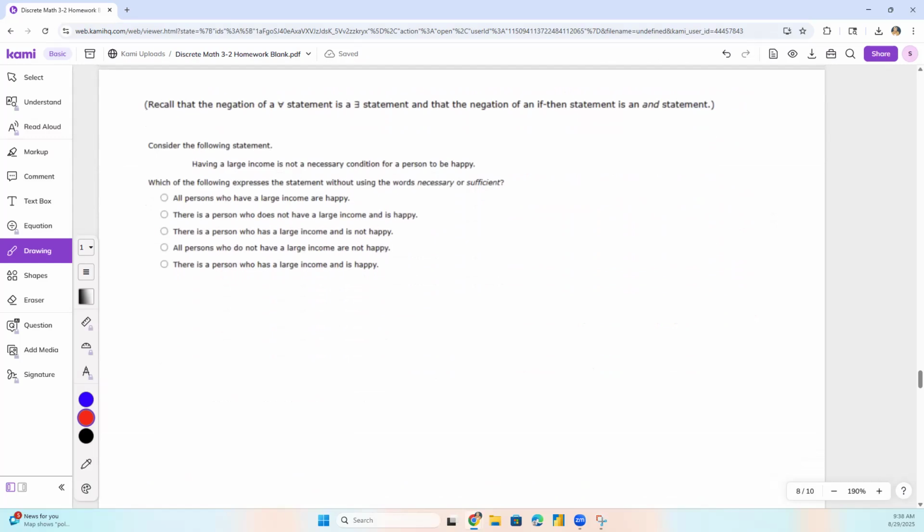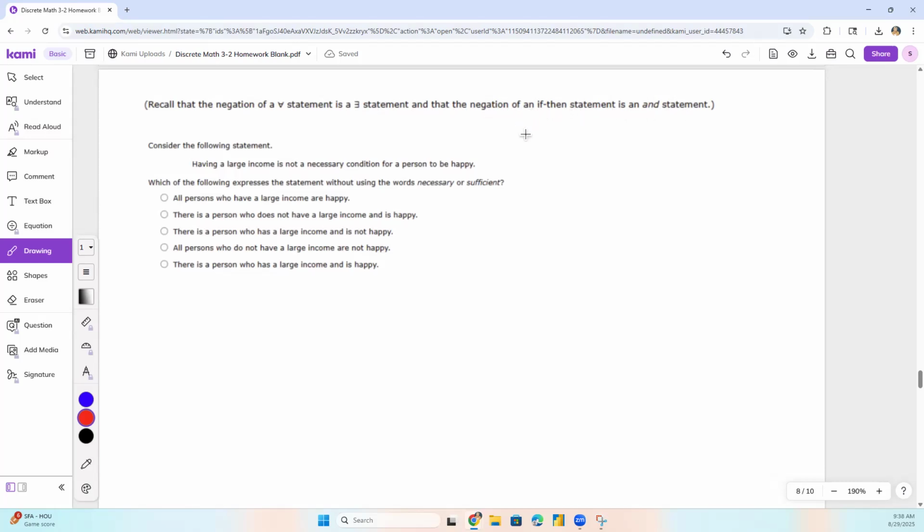And now we have, I believe, the last question on the homework, and the question has a reminder for us. We need to remember that whenever we're negating a for every X statement or a there exists statement, the negation of an if-then statement is an and statement.